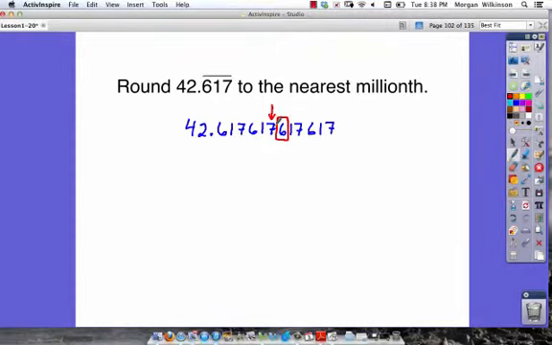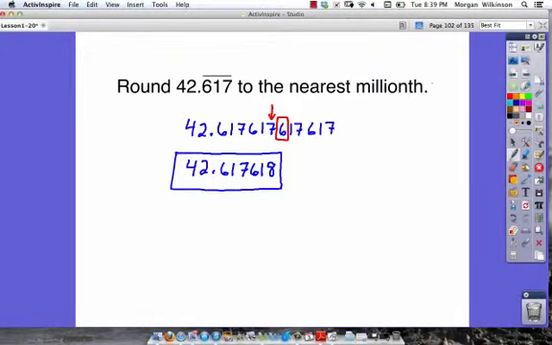If it's less than 5, our number rounds down. So this number is bigger than 5. It's a 6. So we're going to get an answer of 42.617618 because the 6 is bigger than 5. And we've got our final answer. We've rounded this to the nearest millionth.